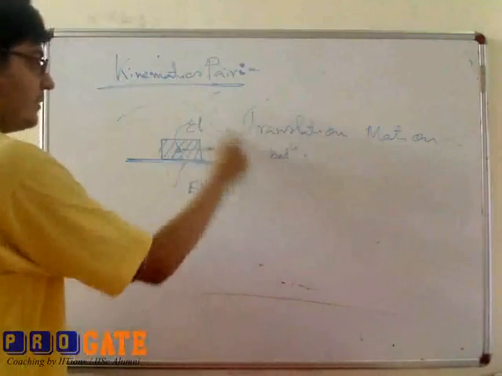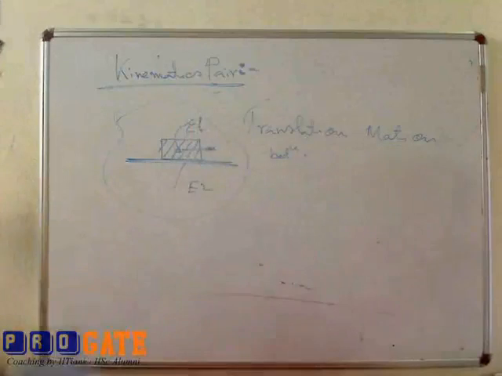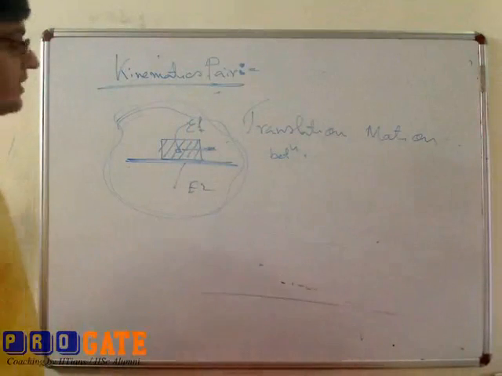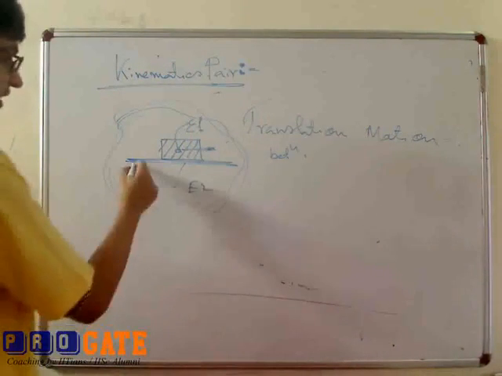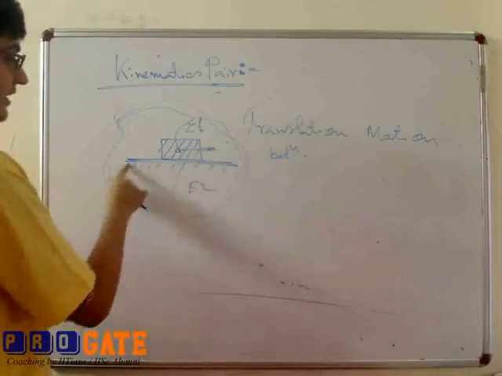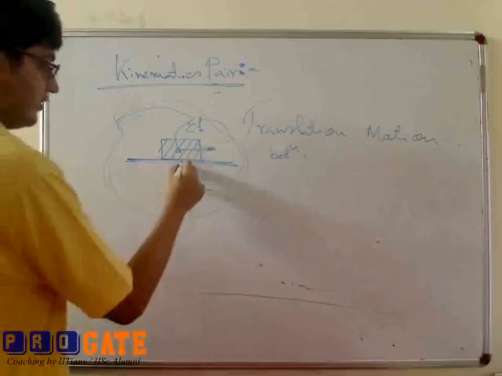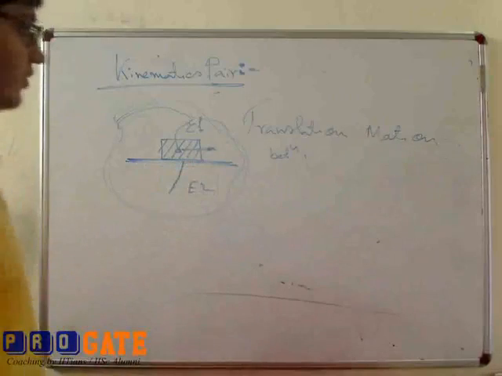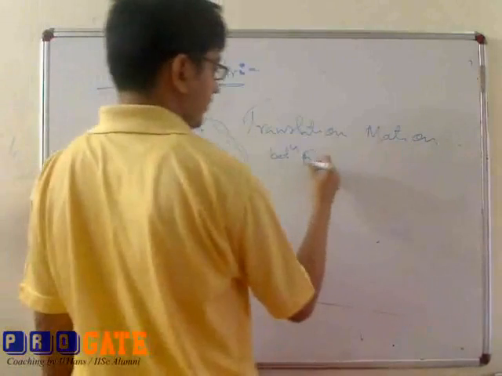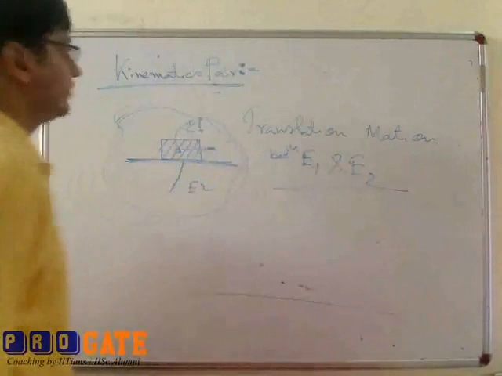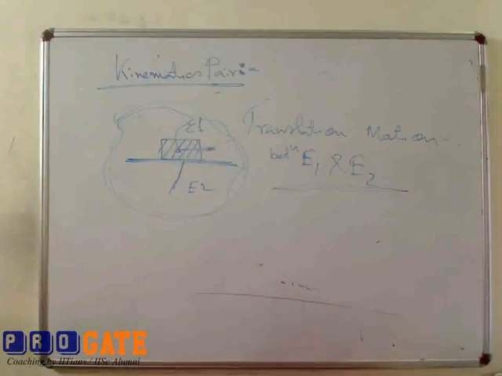So these are all kinematic links or a kinematic chain of single link. If you fix this one thing, then it becomes a mechanism. So this is the element 2. So translational motion between element 1 and element 2. So this is another kinematic pair.